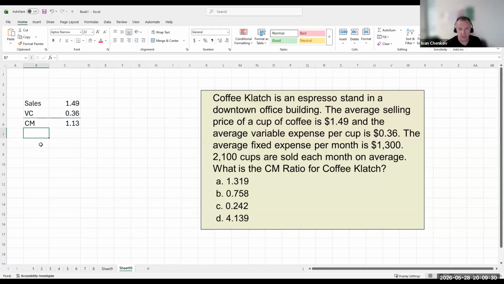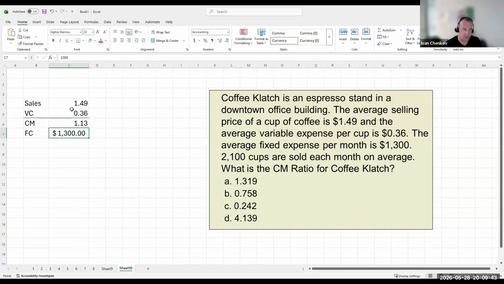And what else do I know? I know that my fixed cost is $1,300. I also happen to know that at this level, I'm selling 2,100 cups.